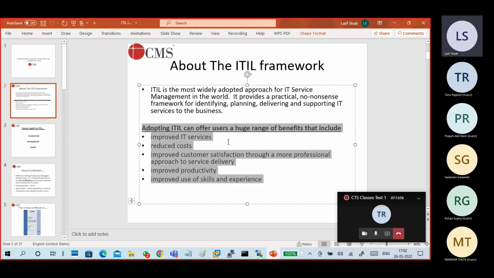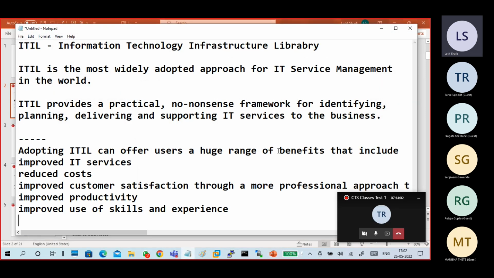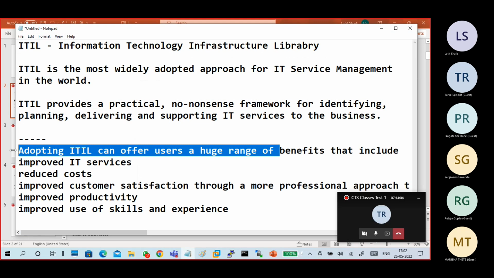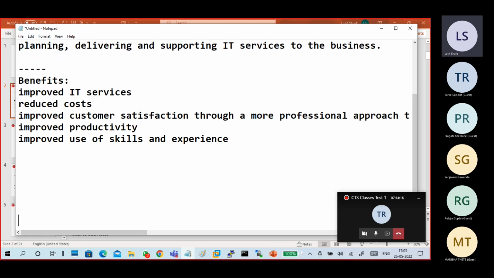What is this? This is the benefits of using ITIL. What is the use of this ITIL, or the benefits of using ITIL? So, ITIL benefits. What are the benefits of using ITIL? It improves IT service cost.